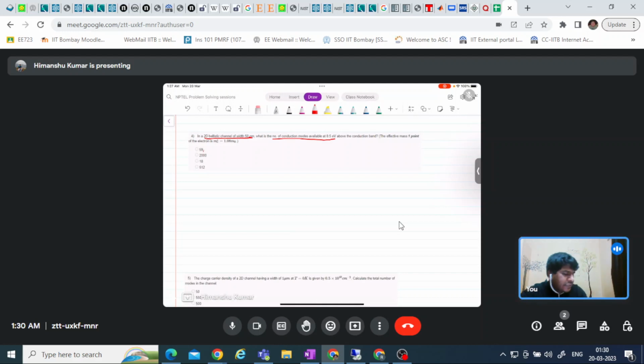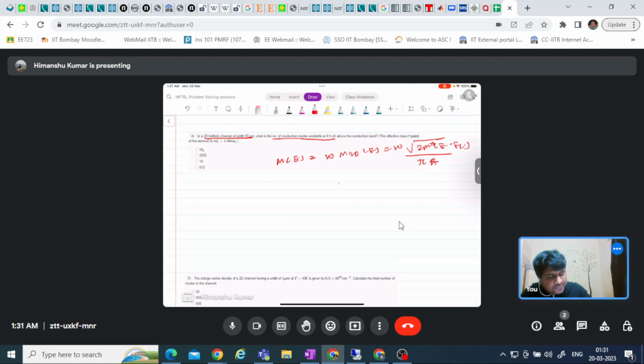So basically the number of modes M of E above the conduction band is equal to W times M of 2D E, which is equal to W times the square root of 2m star (E minus EC) by pi h bar.